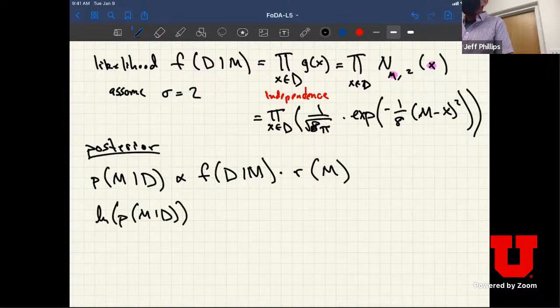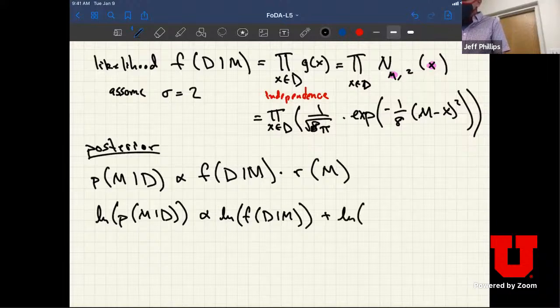This is going to be, I need to be a little careful here, proportional to the log of the likelihood, plus the natural log of the prior, plus a constant.